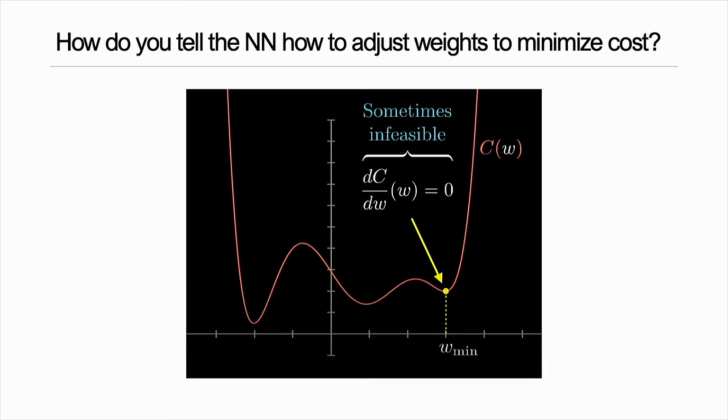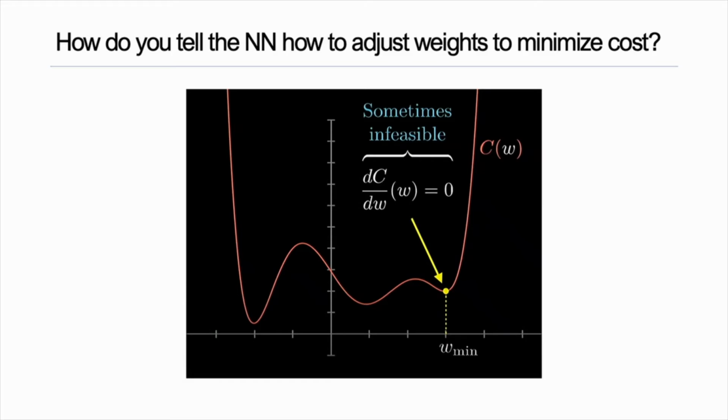For example, if this was the curve for cost, a very complex curve, the cost is minimum right here. Generally speaking, you would be able to use differential calculus and just find the tangent, right? But in this case, we have multiple minima. So doing tangential equations for a very complex cost function is sometimes impossible.